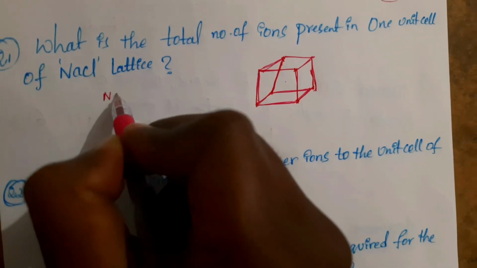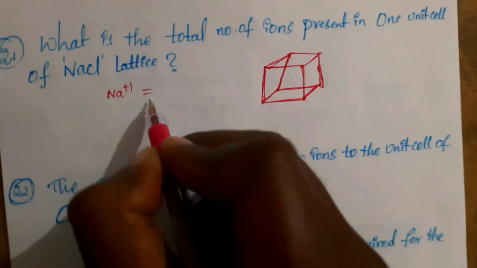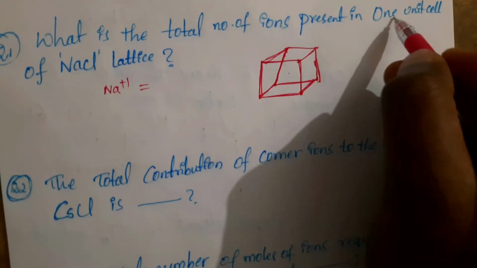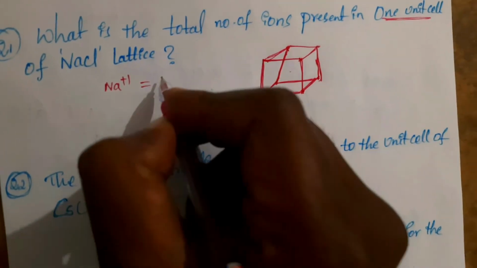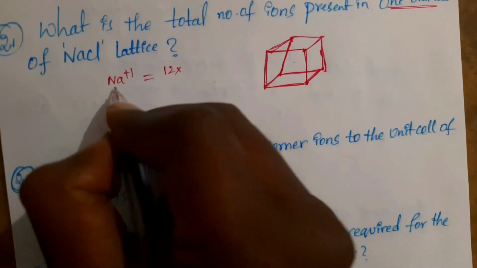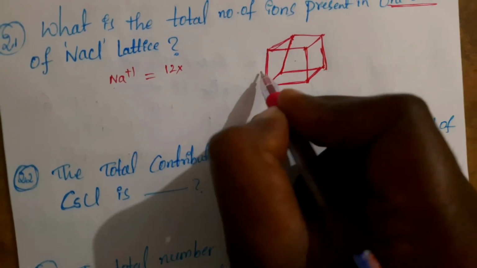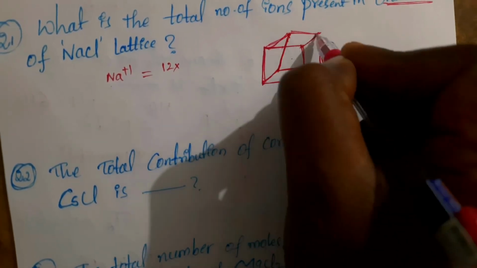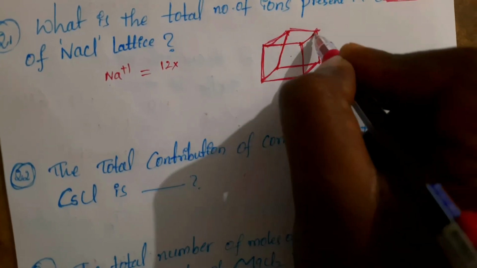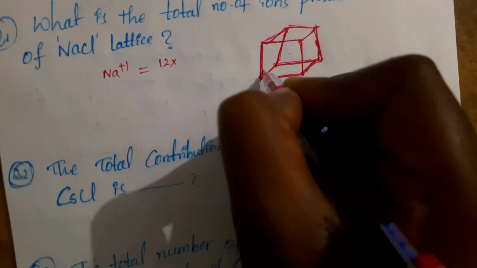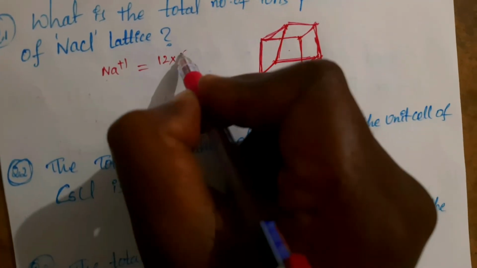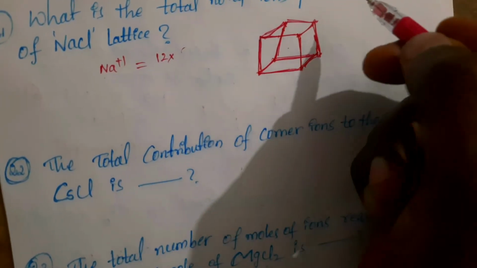For example, take sodium ions. How many sodium ions contribute towards one unit cell? For one unit cell, there are 12 edges. 1, 2, 3, 4, 5, 6, 7, 8, 9, 10, 11, 12. So 12 edges are there. Each edge is shared with 4 other unit cells.